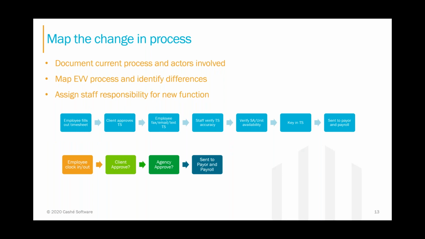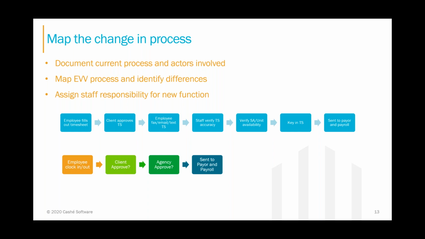Next, let's talk a little bit about mapping the process. I think it's important to map out the process to understand what happens. For example, what you see up there in blue: the process starts with the employee filling out a timesheet. Once that employee fills the timesheet out, it goes to a client approval. The client signs the timesheet, and then the employee faxes or emails it to the agency.